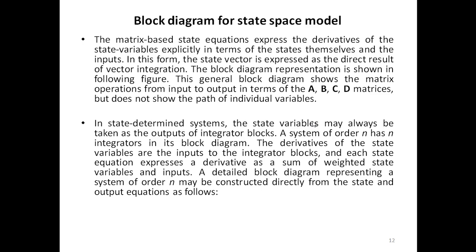Now, if we are interested in representing the system model, the state space model, in terms of a block diagram or signal flow graph representation, in this lecture we are considering the block diagram representation of a state space model.